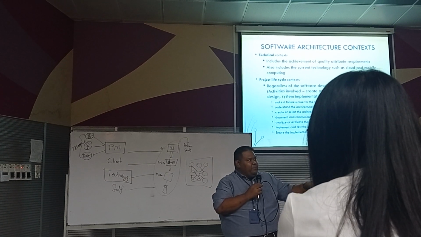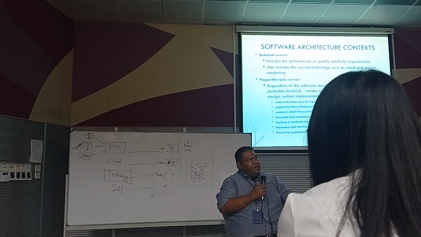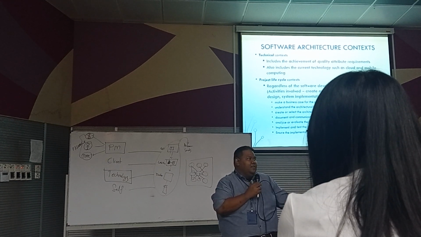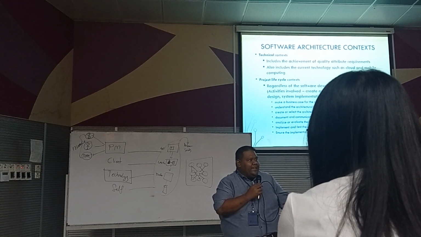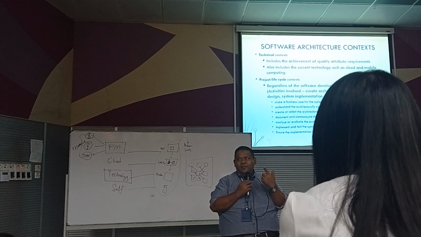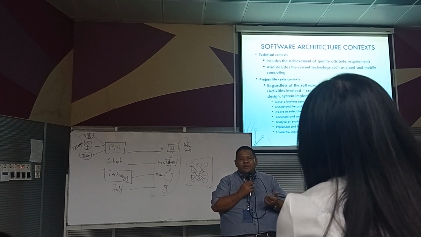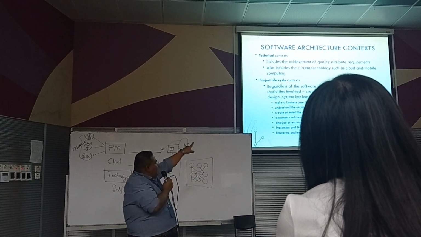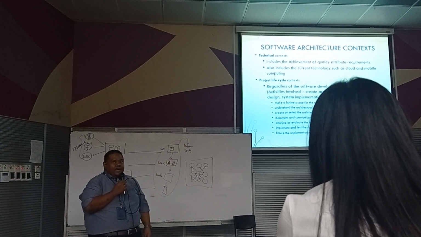The other option will make the system become problematic within 5 years, for example. So in that case, I need one more extra staff. You need to negotiate with your project manager. So that's what we mean by project lifecycle context.